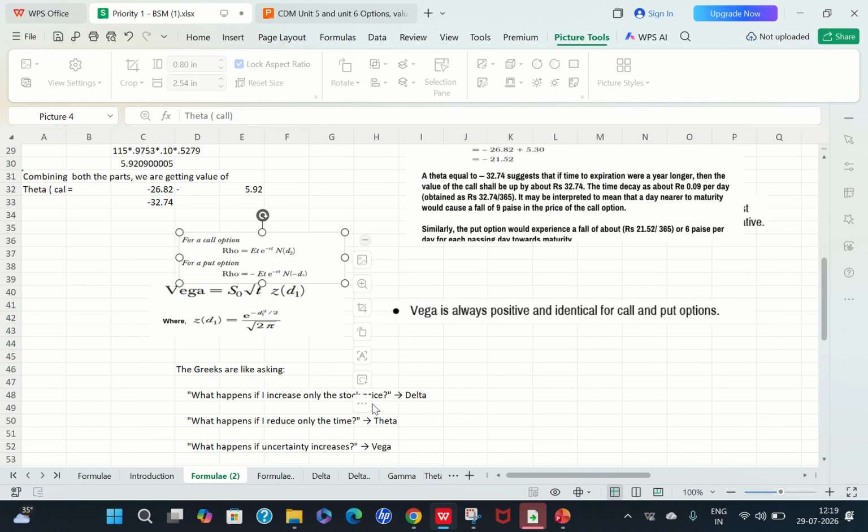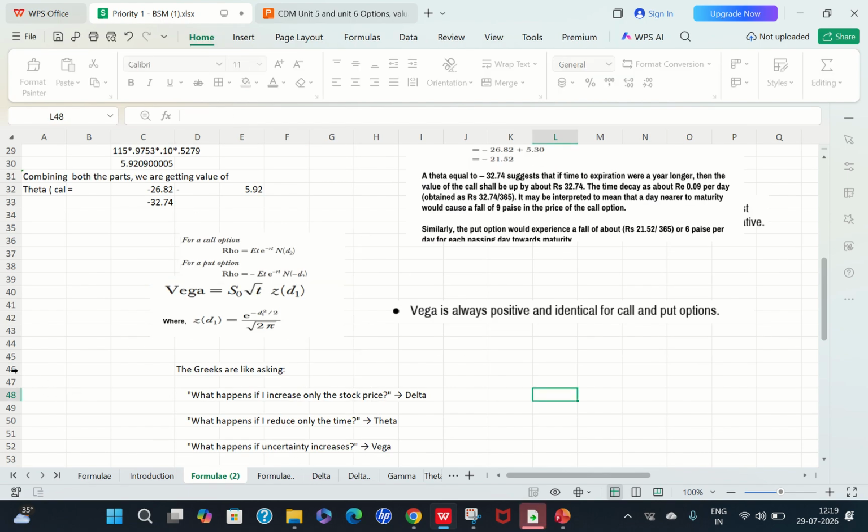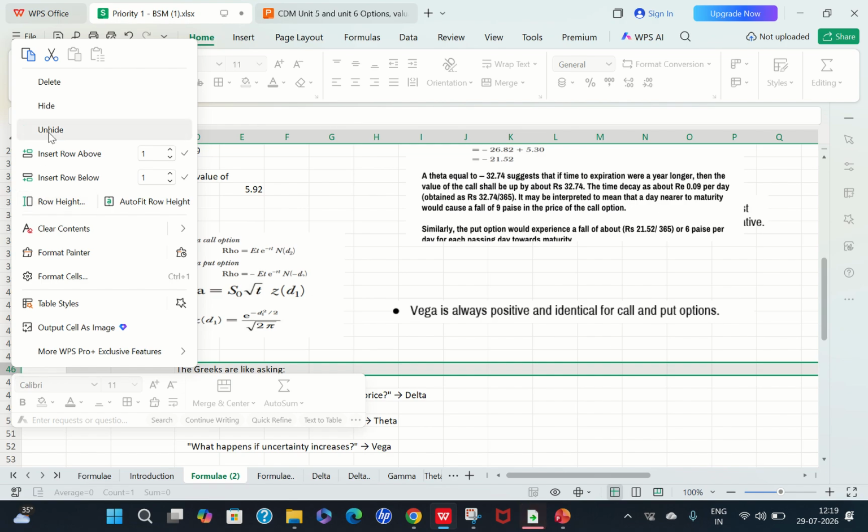Rho and vega are pretty straightforward. So there are formulas, but you do not have to get so much in depth with these numbers. They will be straightforward, but as far as delta, gamma, and theta, you have to be very careful.